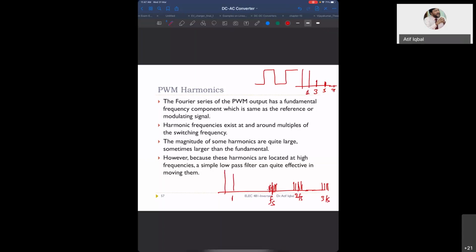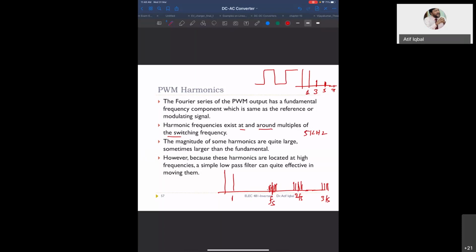So the Fourier series of PWM output has a fundamental frequency component which is the same as the reference or modulating signal. The modulating signal is a sine wave. Harmonic frequencies exist at and around multiples of the switching frequency. So if the switching frequency is say 5 kilohertz, then your harmonics will be around multiples of 5 kilohertz: 5, 10, 15, 20, like this. At those frequencies they will be available.